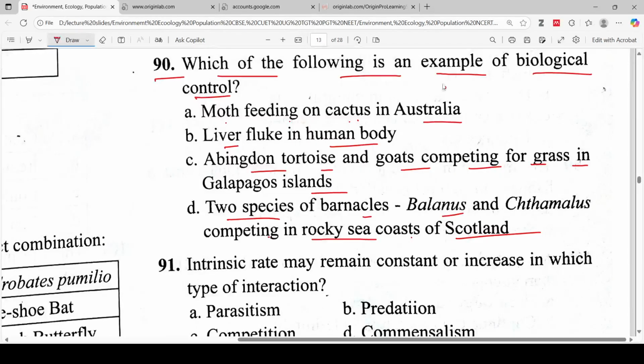So for biological control, the first option will be the correct answer, the moth eating on cactus. So the correct answer is option A.